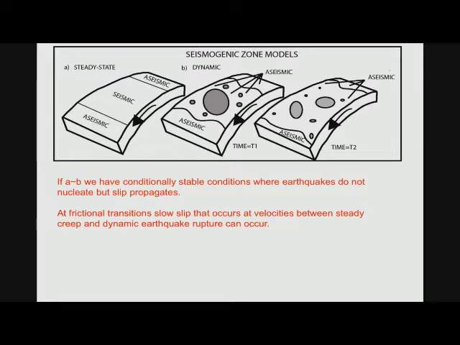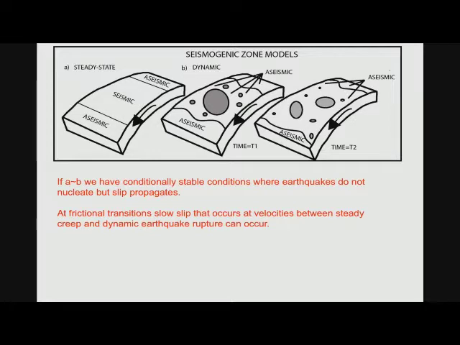Another is that we recognize that at both the down dip and up dip, being conditionally stable is a condition that is required for slow slip, so that we have slow slip occurring at these transitions, whether they're at the up dip, down dip, and within. And the seismogenic zone, I'm going to talk quite a bit about that.